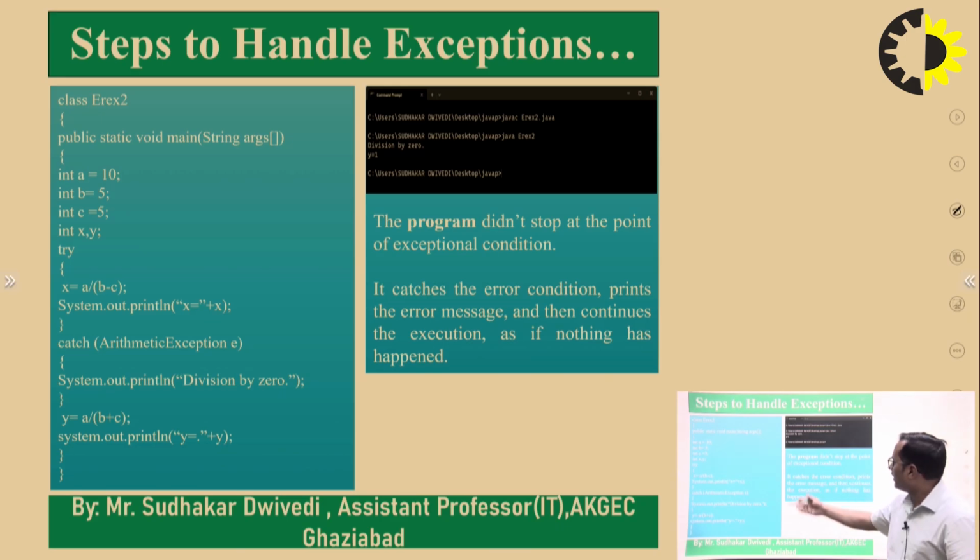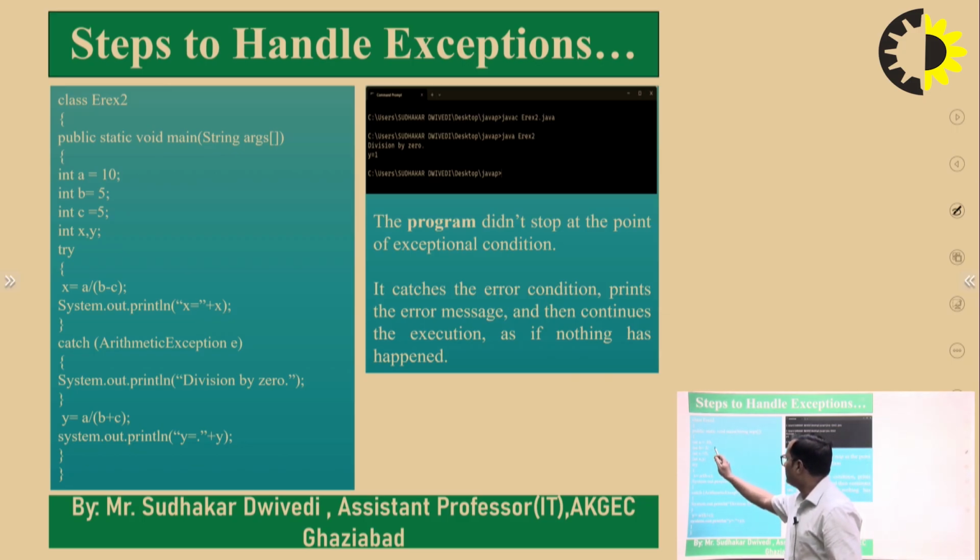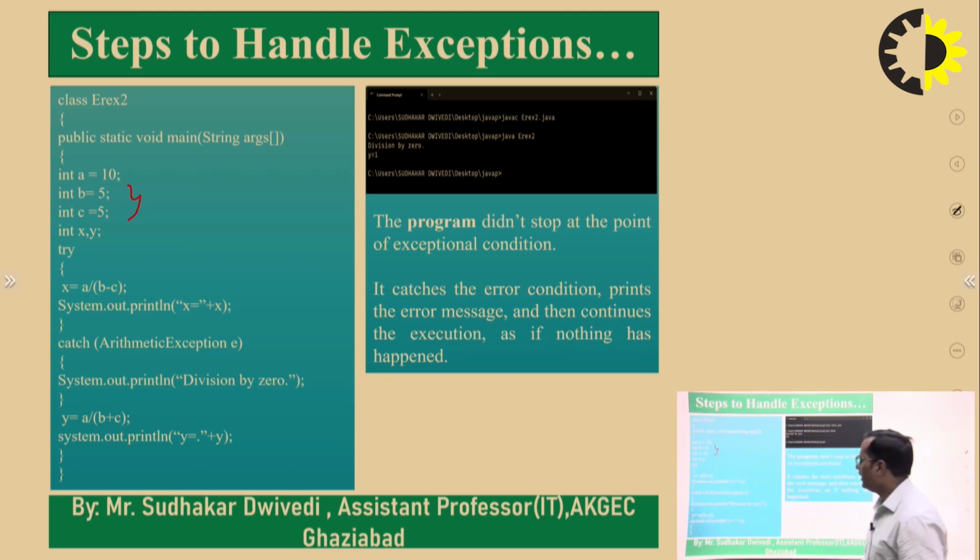We can see in this code that the value of A is 10 and the values of B and C are both 5. What we are trying to do here is the statement x equals A divided by B minus C. So what will happen here?